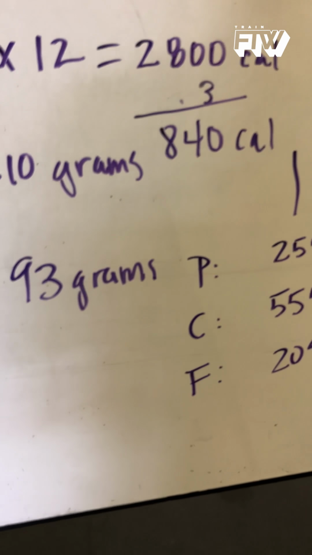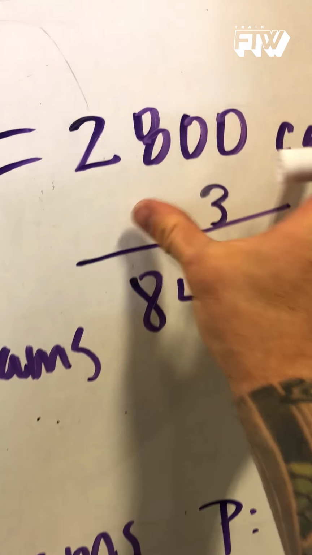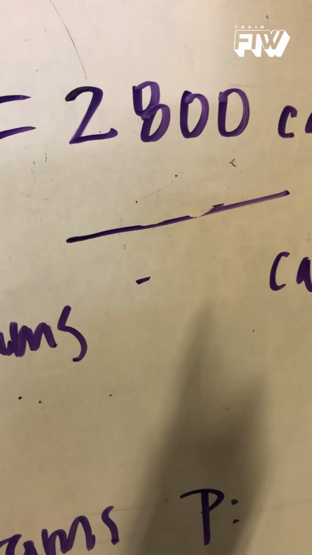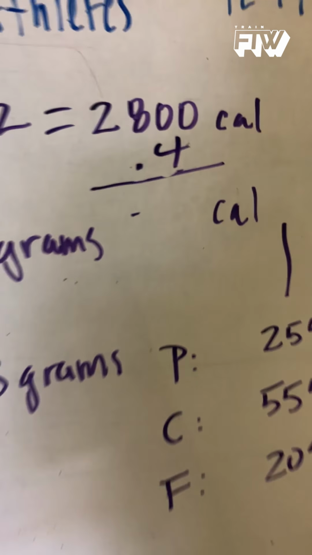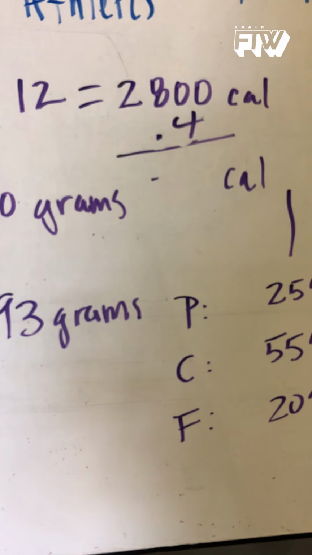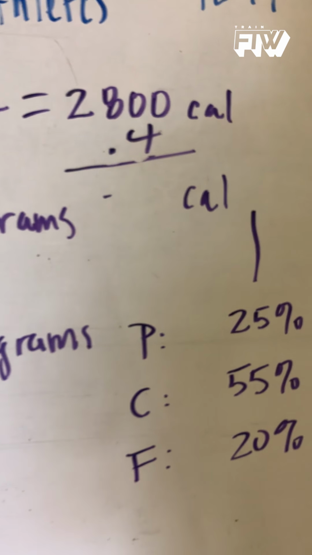Okay, now the last part is I'm going to change this number from 0.3 to 0.4 because that's 40%, which is what I'm going to calculate for carbohydrates. So 2,800 times 0.4 equals 1,120 calories.